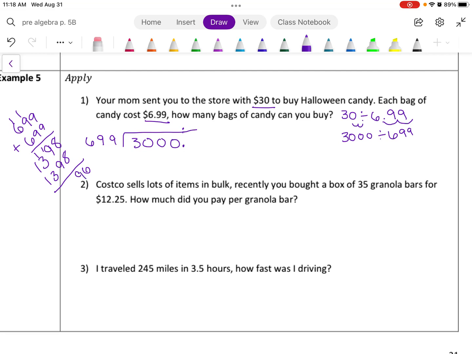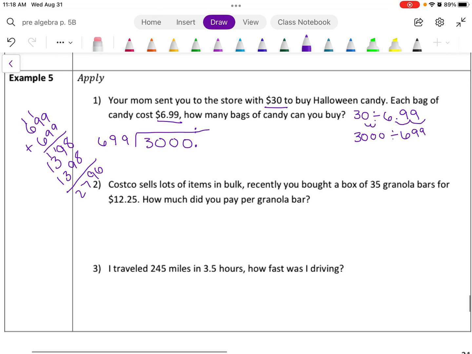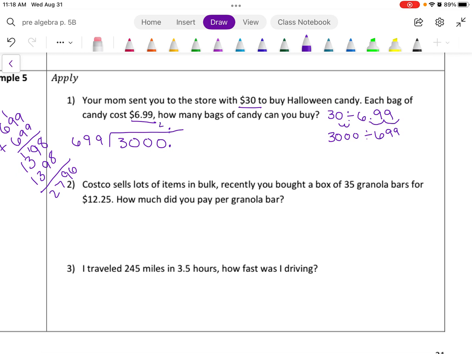That would be 8 plus 8 is 16, 19, 7, 2. So let's see, we're looking at 2,700 and 3,000. If we added 699 again, it would go over 3,000. So 699 goes into 3,000 4 times, and it gives us 2,796. And now we can subtract. So we're going to have to borrow.